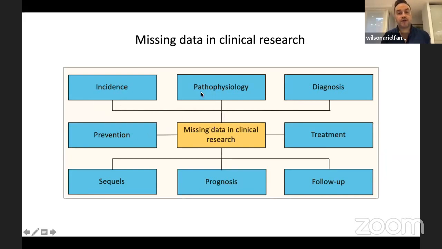We are going to talk about pathophysiology of the missing data, how to diagnose the missing data in your data set, how to treat the missing data, how to follow up once the treatment is done, what would be the prognosis of your data set based on your pathophysiology, and what would be the aftermath or the sequels after having some missing data in your data set.